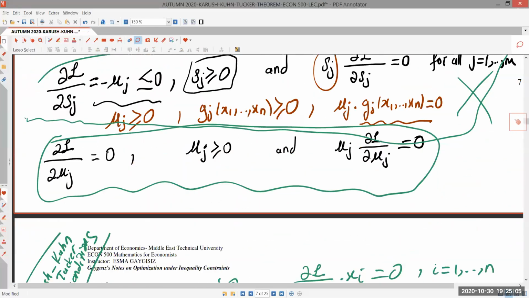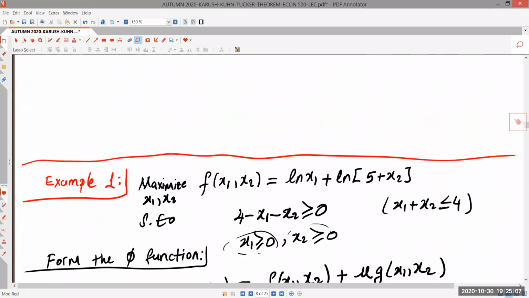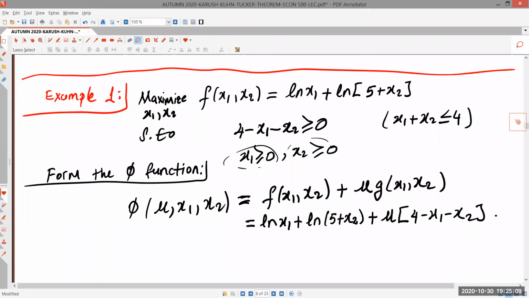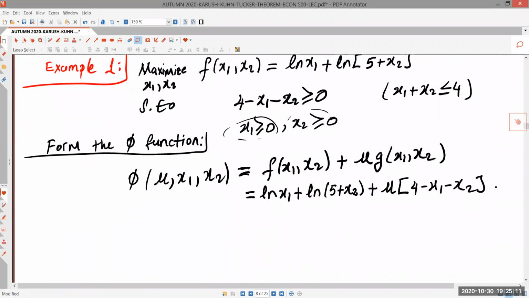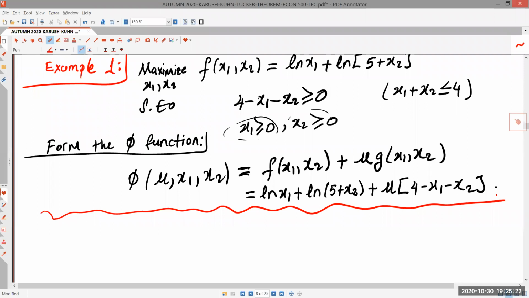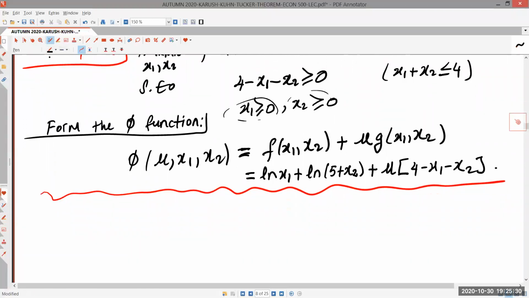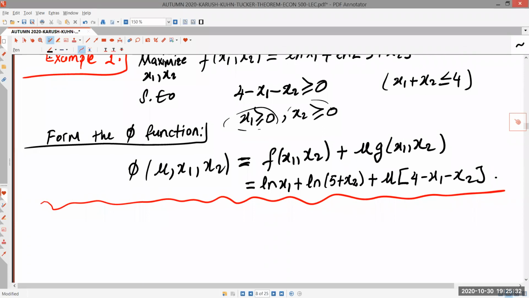So the problem is here, and we want to somehow maximize, find the maximum for this problem. How do we do that here? Let us first write the Kuhn-Tucker conditions.